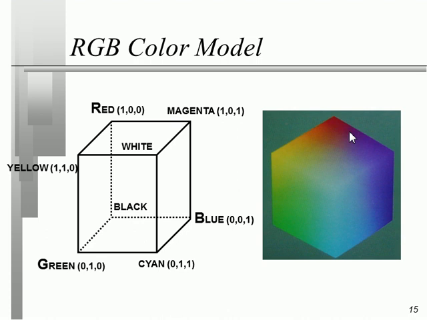I can pick an arbitrary point in RGB 3D color space, and then I can pick another point in the RGB color space, and then I can smoothly transition between those two points. And as I do so, I create a locus of different colors.